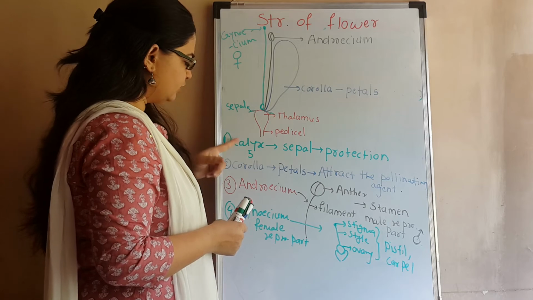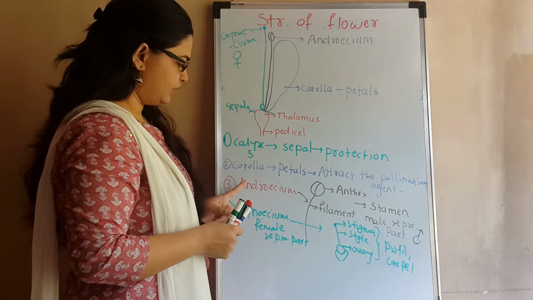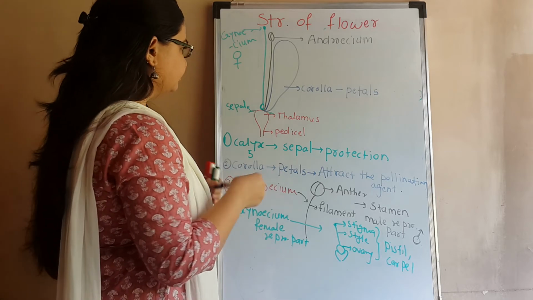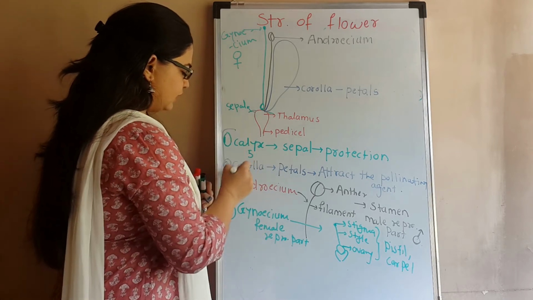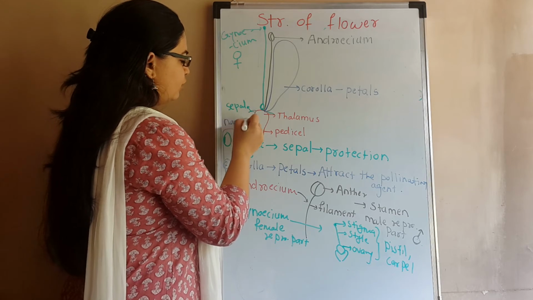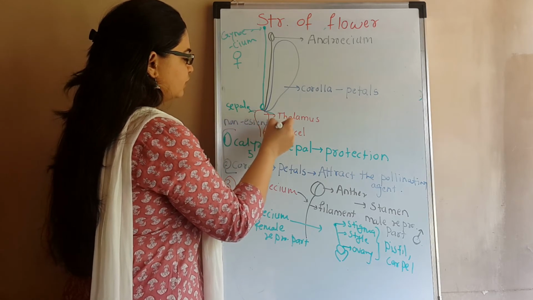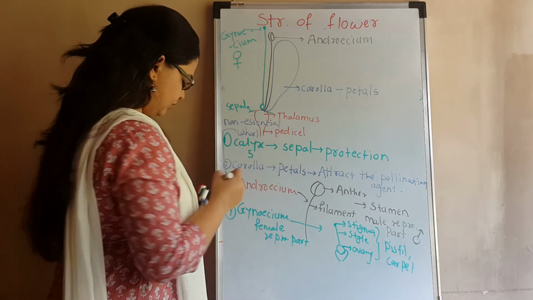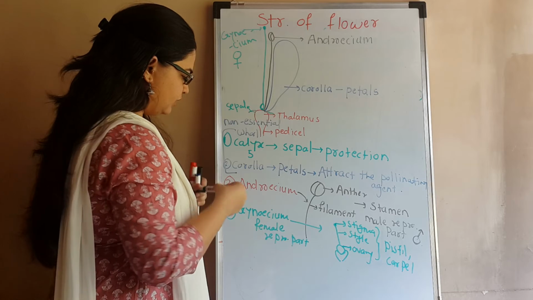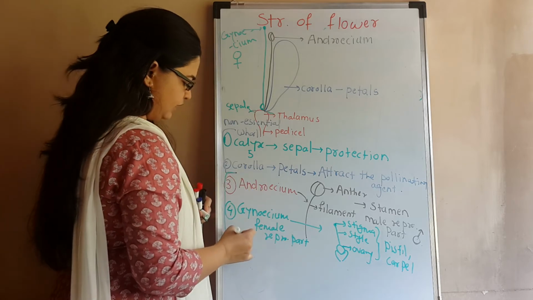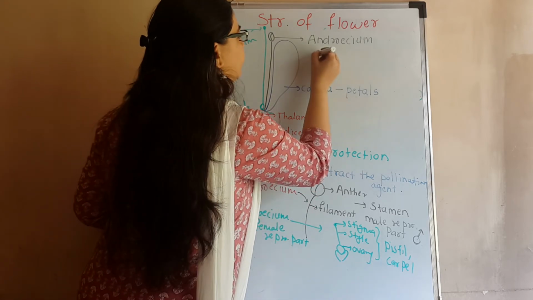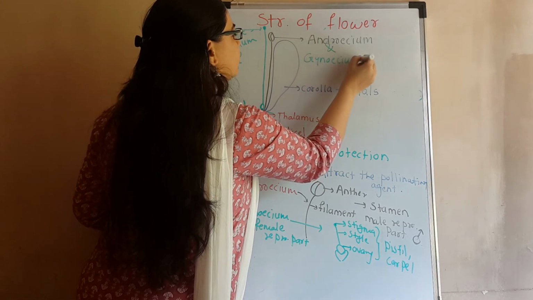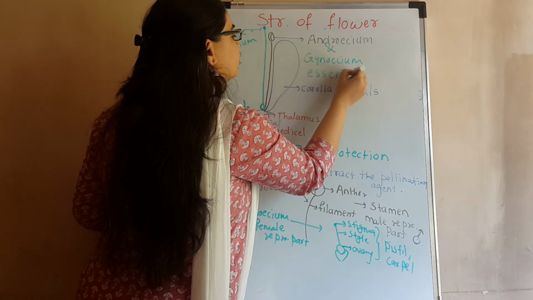But out of these four, these two are non-essential whorls and these two are essential whorls. So what does it mean actually? Calyx and corolla are called the non-essential whorls of the flower, while the androecium and gynoecium are called the essential whorls of the flower.